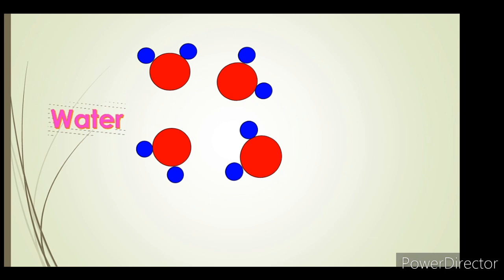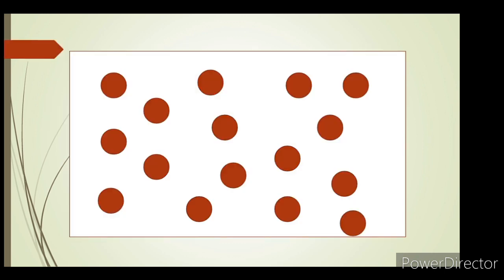This is a compound. Next, number 2, this illustration is an element. Based on the color, it only contains one color, meaning it has only one kind of element.